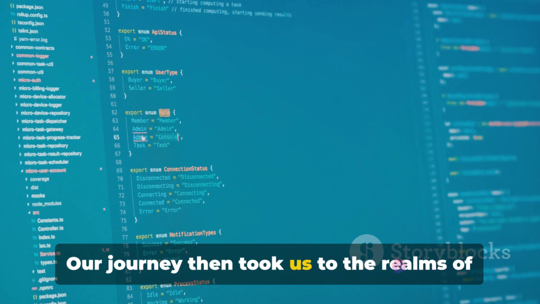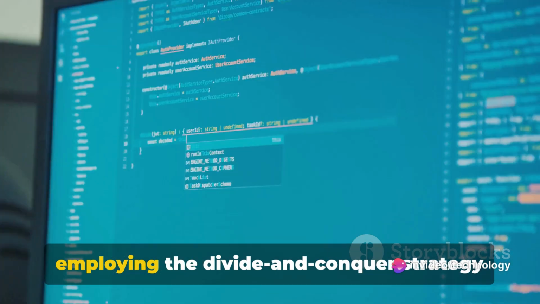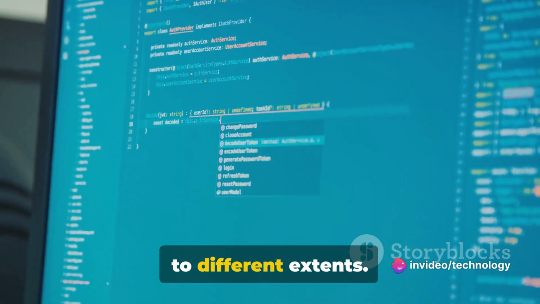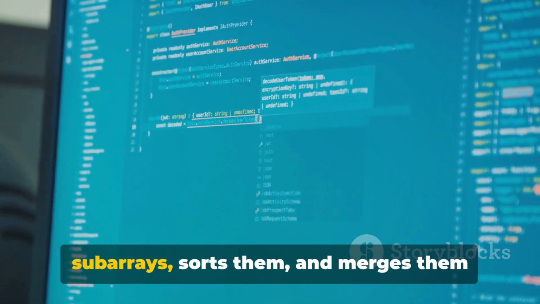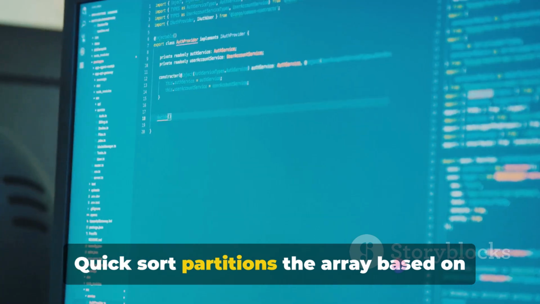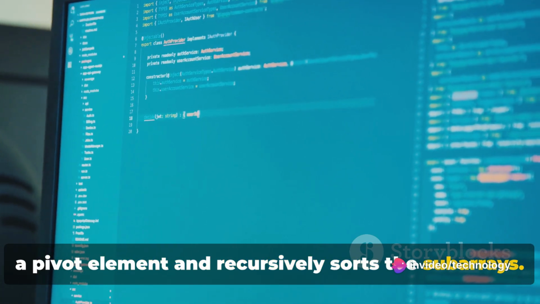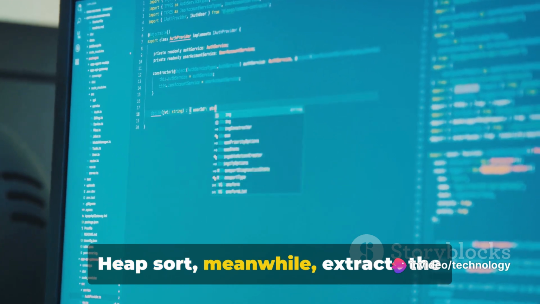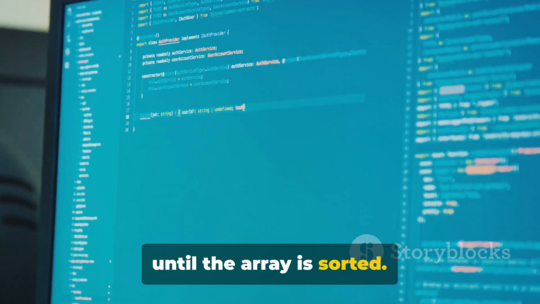Our journey then took us to the realms of the merge, quick, and heap sorts, each employing the divide-and-conquer strategy to different extents. Merge sort divides the array into subarrays, sorts them, and merges them back together. Quick sort partitions the array based on a pivot element, and recursively sorts the subarrays. Heap sort, meanwhile, extracts the maximum or minimum element from a heap until the array is sorted.